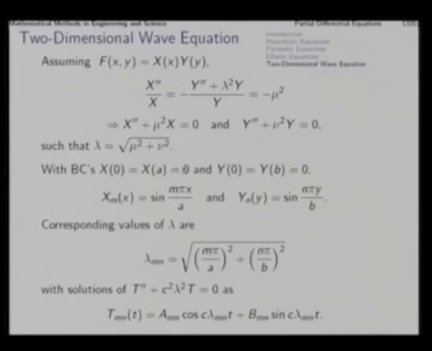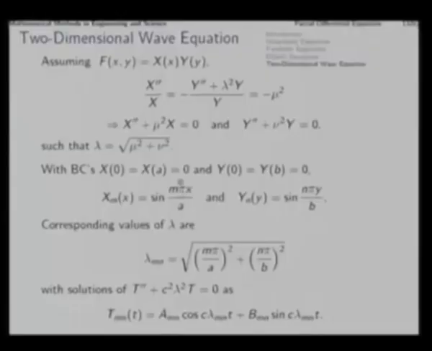These homogeneous boundary conditions over x and y, which we derive from the homogeneous boundary conditions given for the function u itself, give us the solutions in this manner.